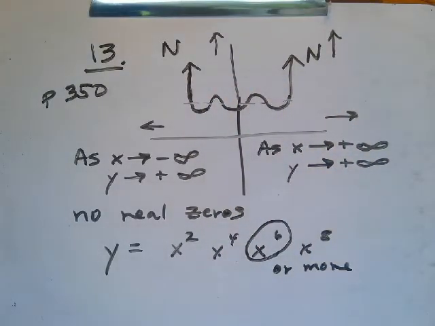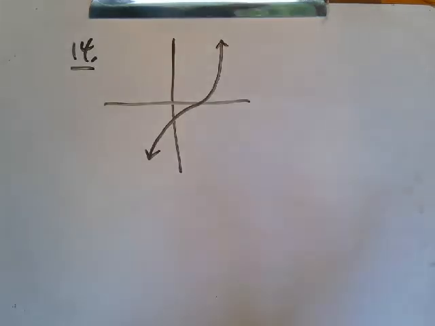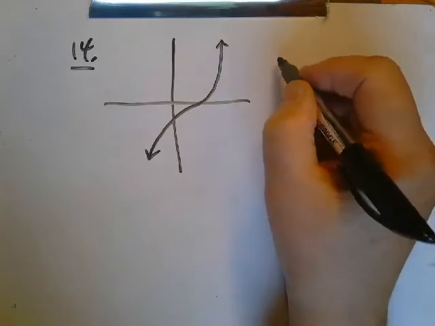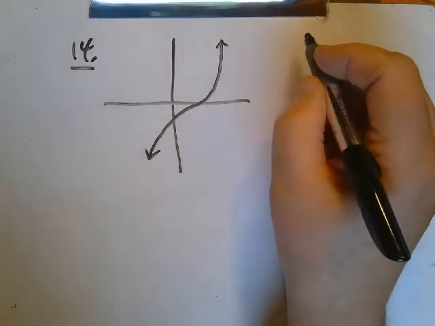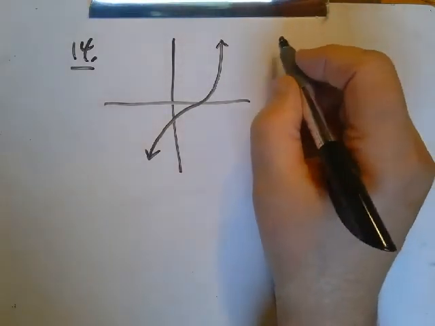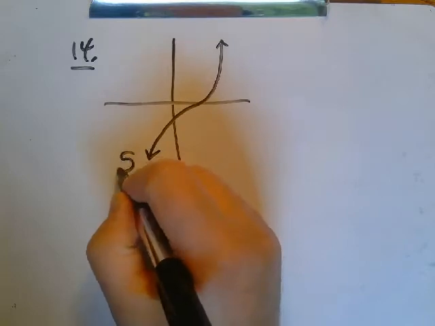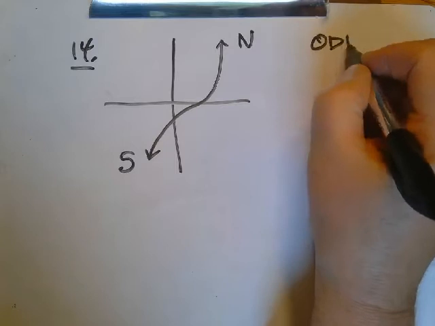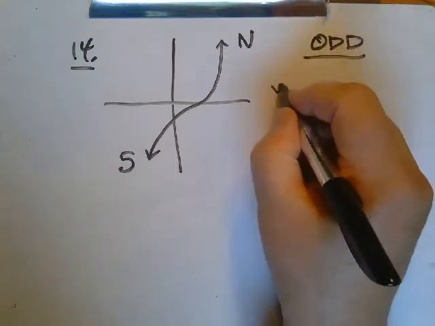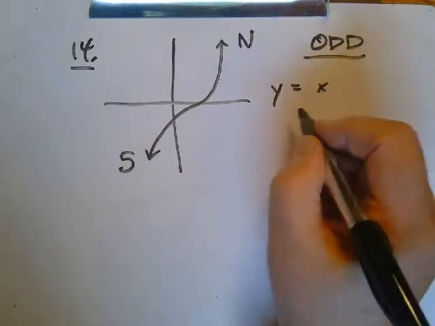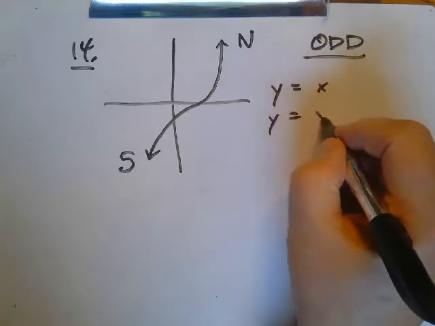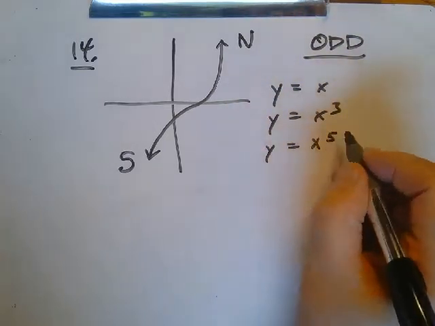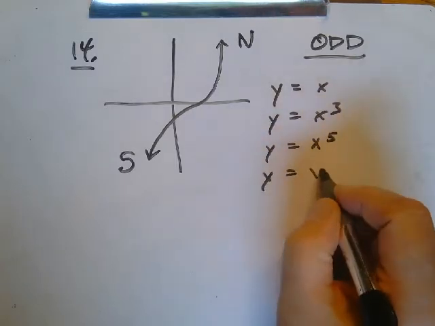Let's look at another one of those, okay? Number 14. Well, first of all, let's determine if this is odd or even. It starts in the south and leaves in the north. That makes this an odd function. So it could be x to the 1st, maybe, x to the 3rd, x to the 5th, or higher, could be even higher, okay?